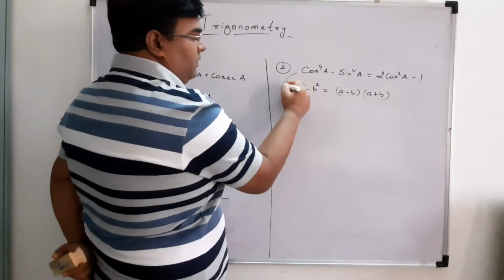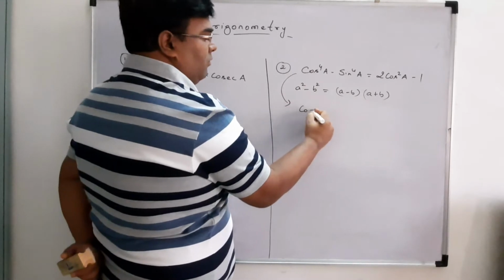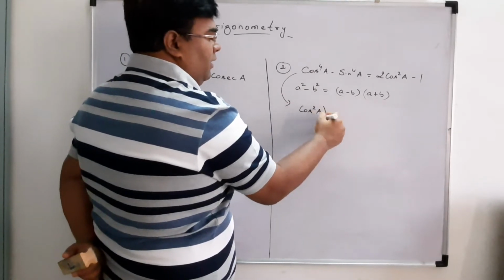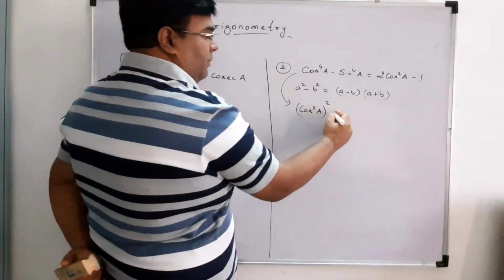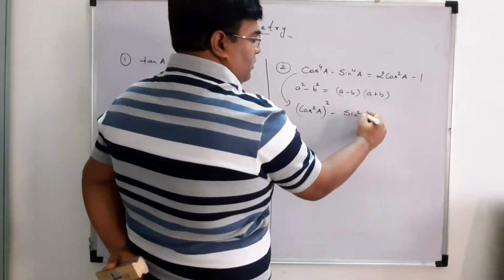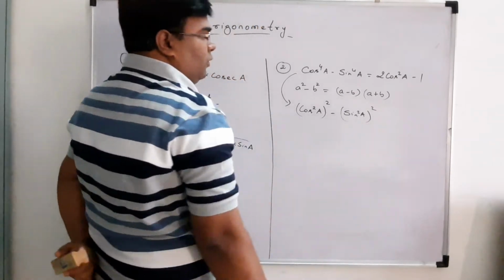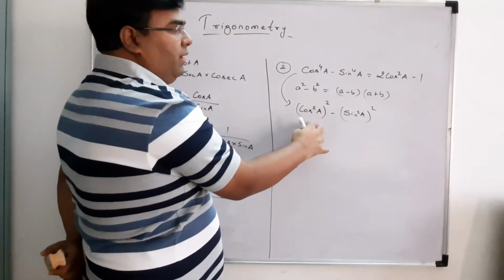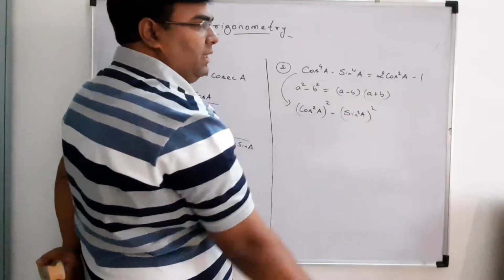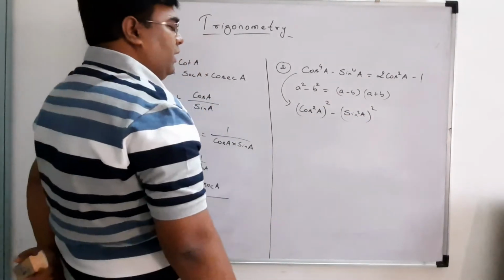We can write this as cos square A whole square minus sin square A whole square. You can write cos raised to 4A as the square of cos square A, and sin raised to 4A as the square of sin square A.